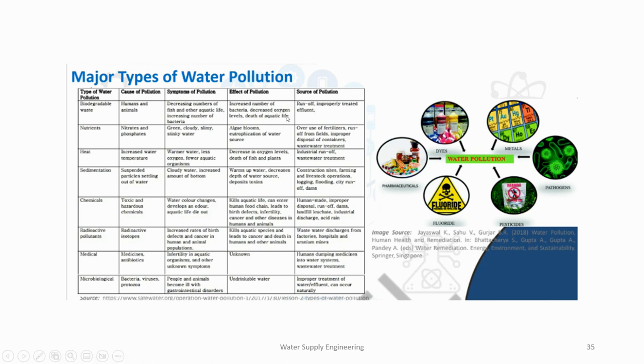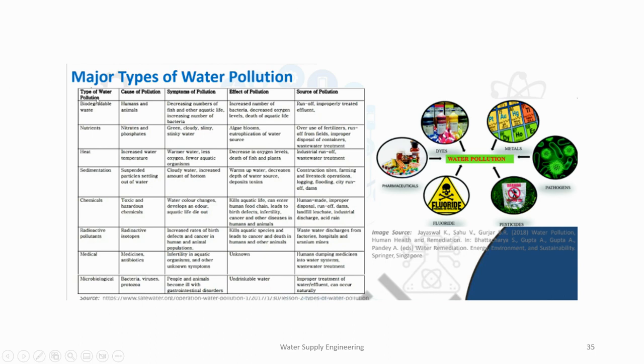So the effect will be bacteria level increases, dissolved oxygen decreases, so thereby it will lead to death of aquatic life. Major source of biodegradable waste is runoff and improperly treated effluents.